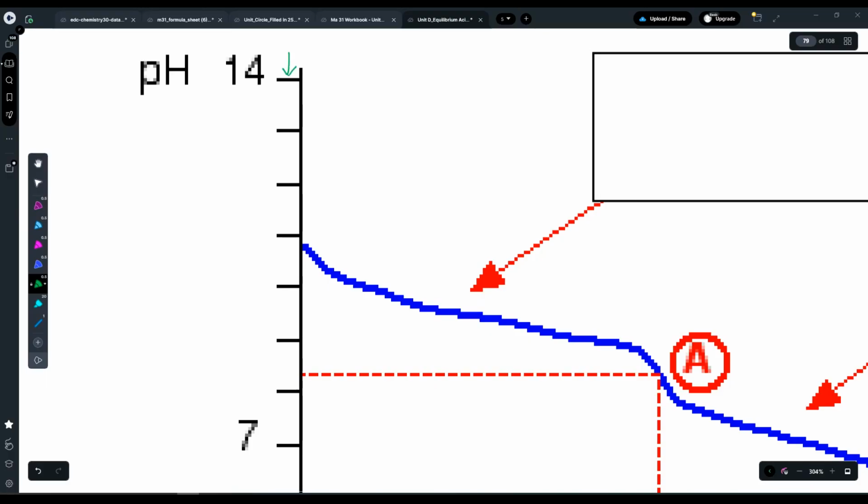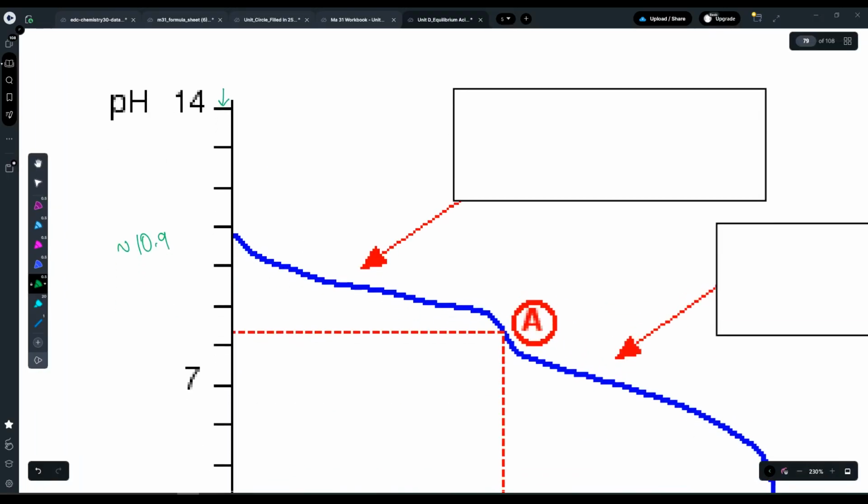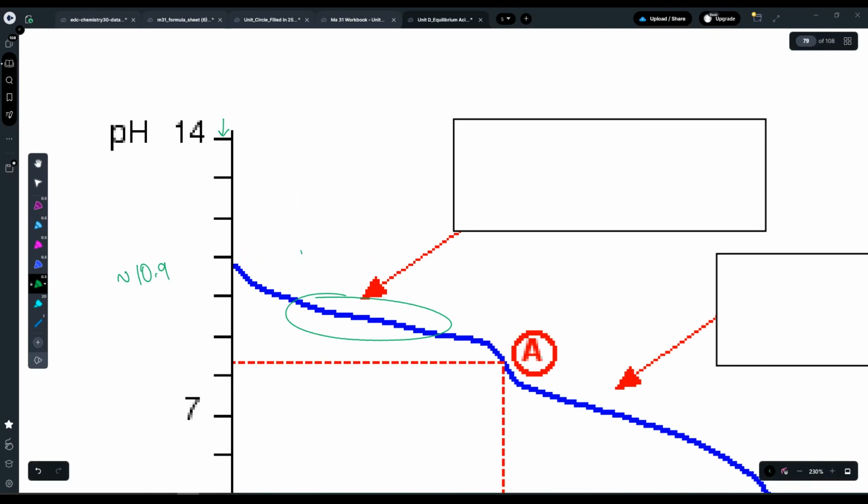So if this one is 14, 13, 12, 11, this starts out about a pH of 11, maybe 10.9, 10.8. So we'll say a pH of about 10.9 is where it starts out. And then over here is where we have our first buffering area.